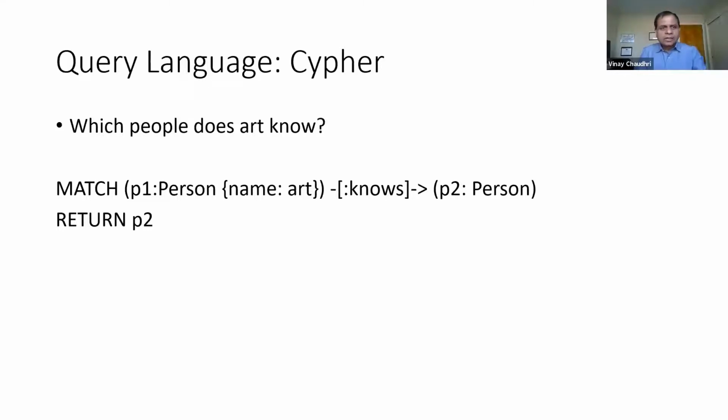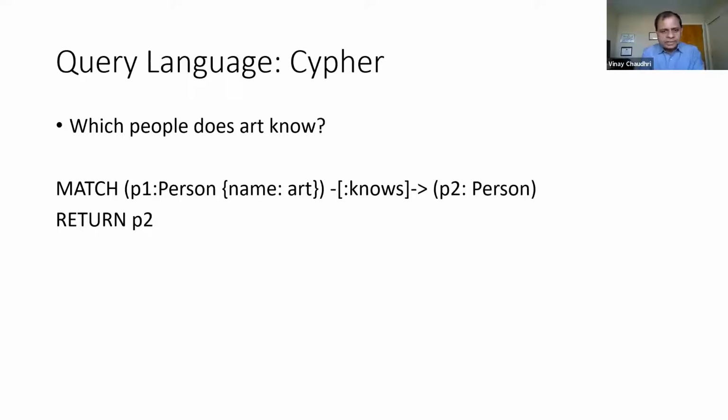Within each node we can specify what kind of label we are looking for, what kind of properties we are looking for, as part of the query. So when this query is executed by a Cypher engine, it would result in a list of people who Art knows.